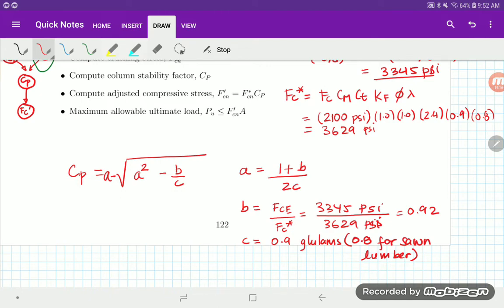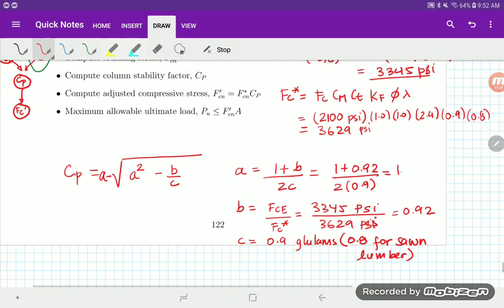And A, now I need to plug in B and C. So that's 1 plus 0.92 divided by 2 times 0.9, and I get for A 1.07.